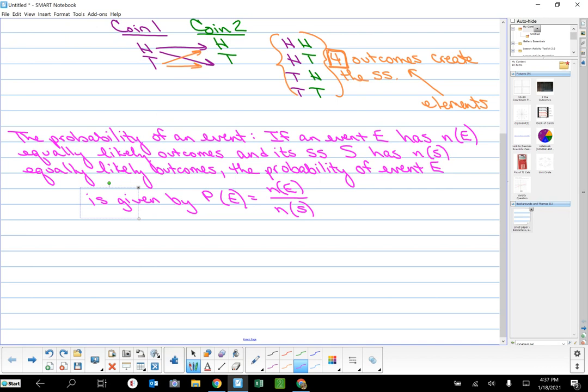What are the outcomes over its sample space?